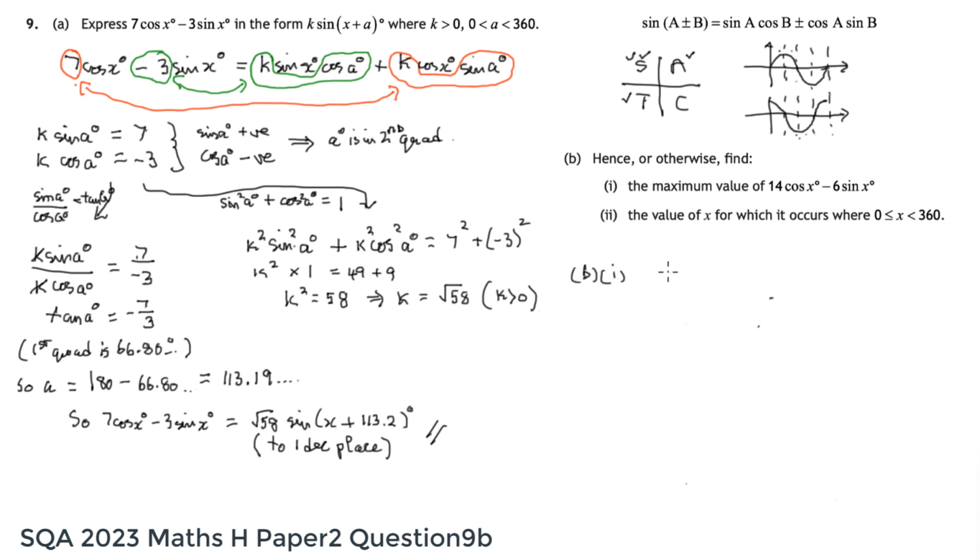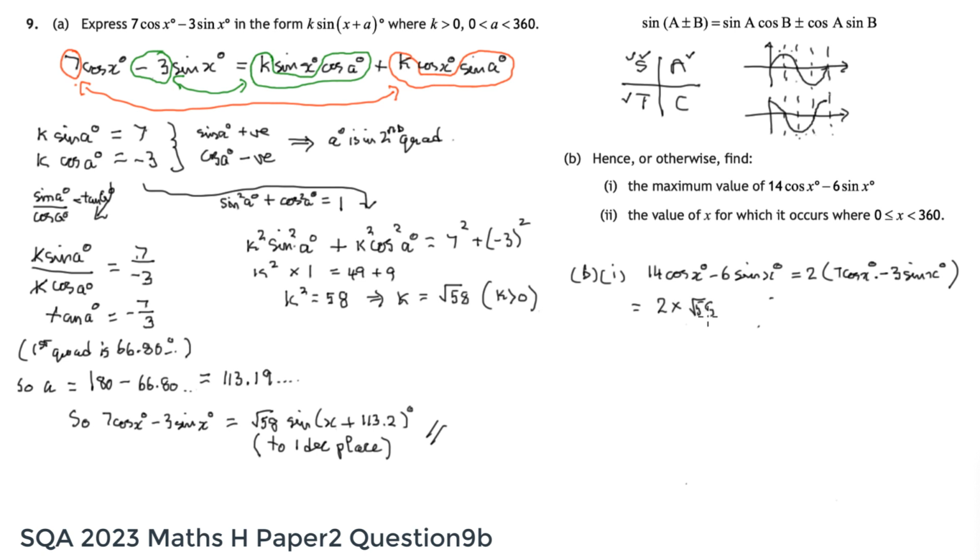We'll start with 14 cos x minus 6 sin x. We'll rewrite it as twice the expression we've just been dealing with, just to show clearly that we know the connection between these, and then rewrite this in the form that we've found it to be equal to.